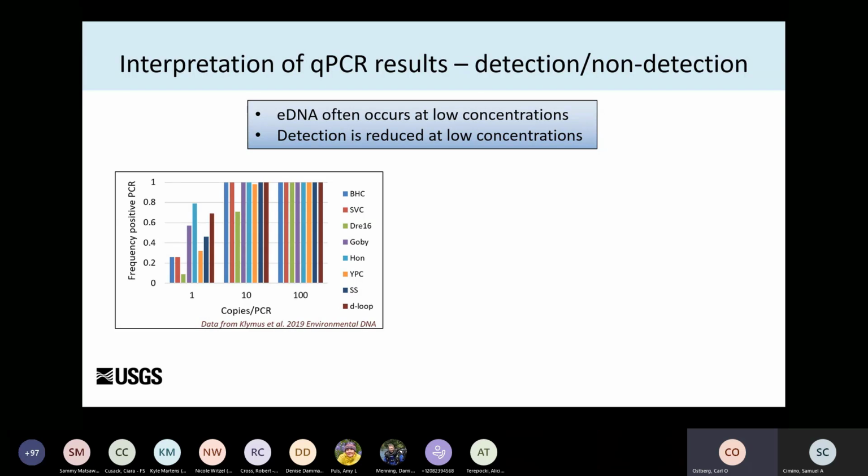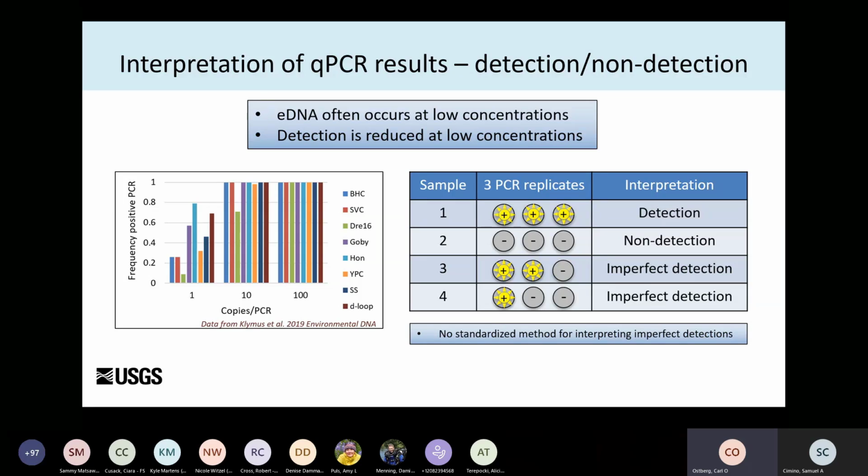As the concentration increases, there's a greater chance of pipetting DNA into the PCR. So at 10 copies, most assays are amplifying at just about 100%, and at 100 copies, all assays are amplifying at 100%. Variability in pipetting low concentrations of eDNA means that detection is going to be affected at low concentrations.